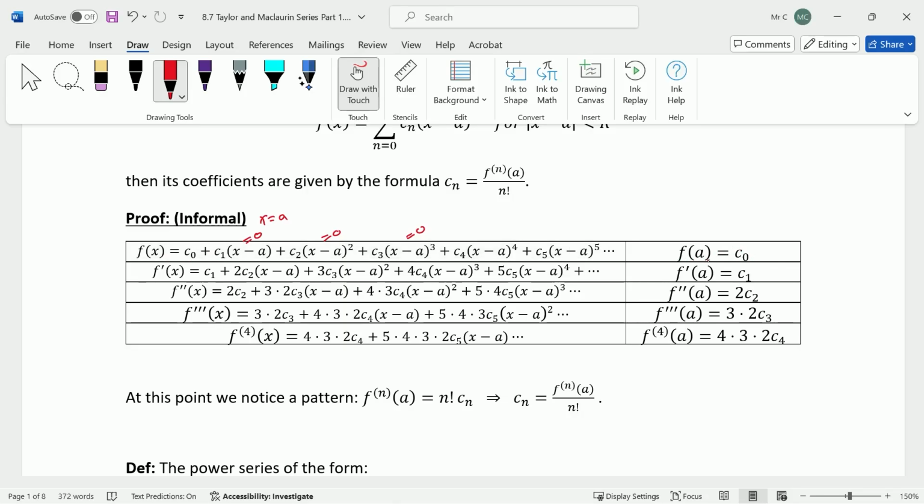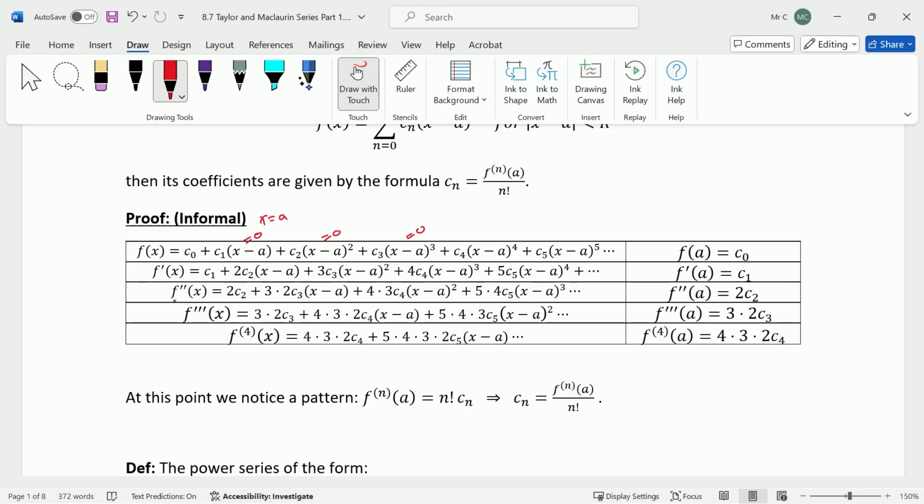So f evaluated at a is c naught. Now, if we take the first derivative, we get c1 plus 2c2 times (x minus a), plus 3c3 times (x minus a) squared, and so forth. If we evaluate that at a, all of these terms go to 0 except for c1. So we get c1 there.